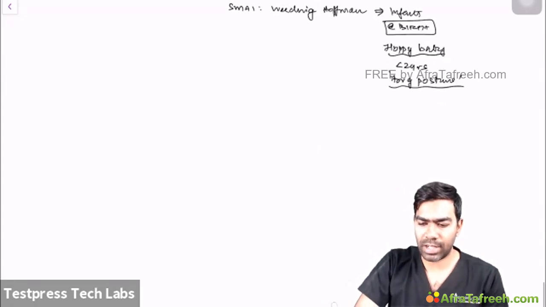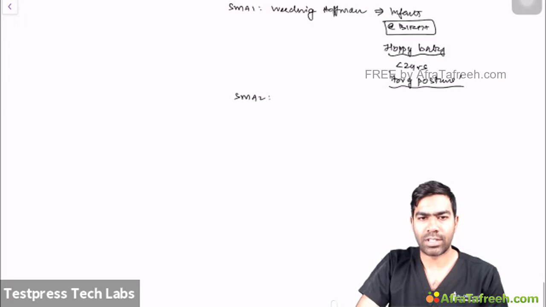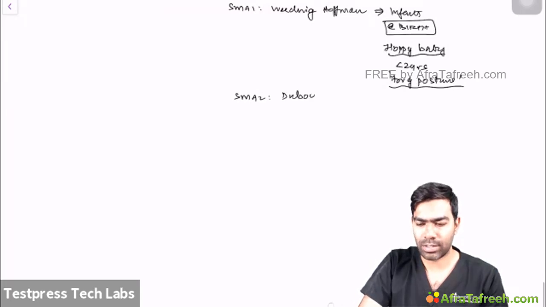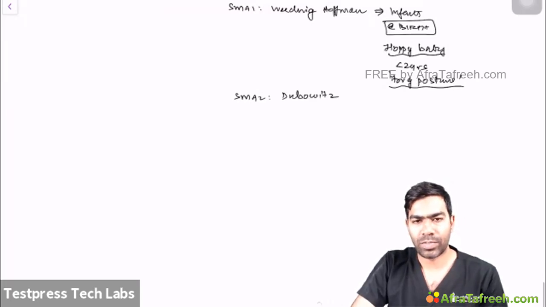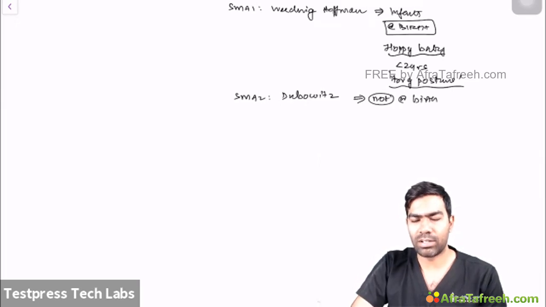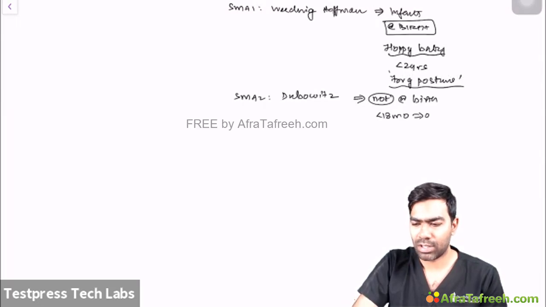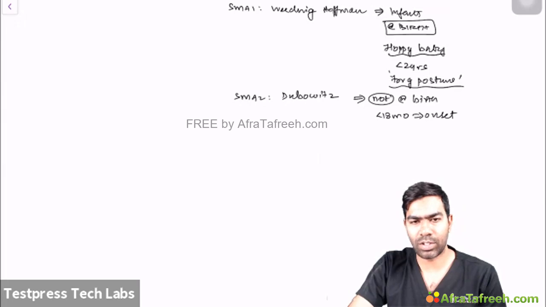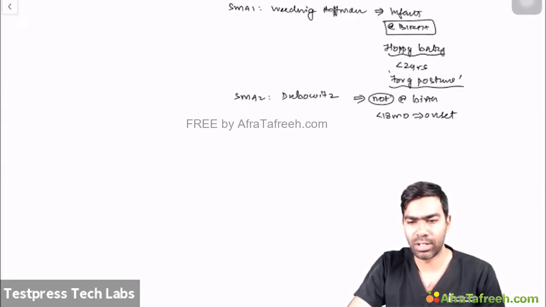Then we have SMA type 2, which is referred to as Dubowitz disease. Usually it will not present at birth, definitely not at birth, but it will start somewhere within 18 months. So it's not a condition that produces floppy baby at the time of birth.